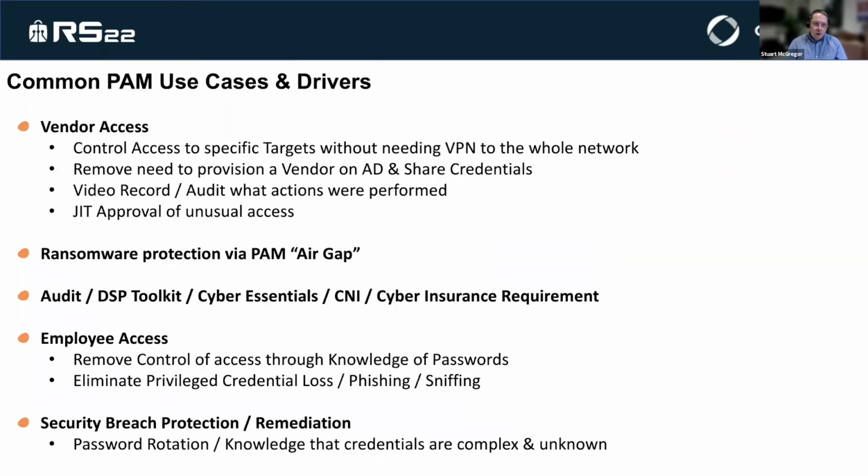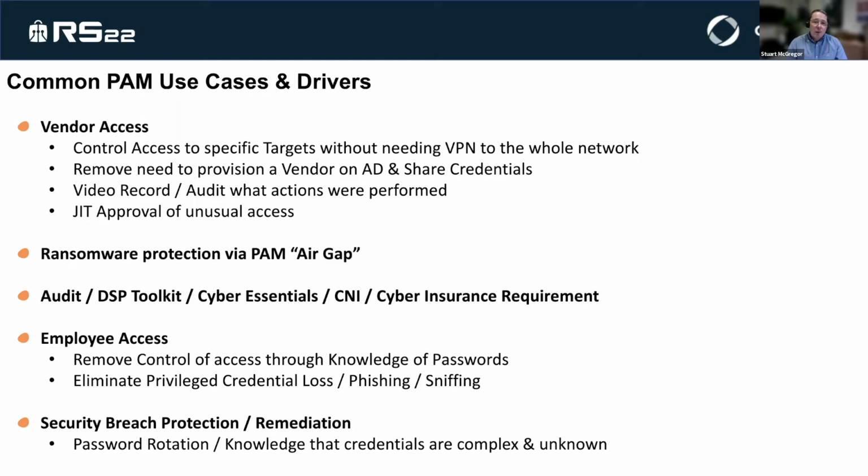So I've mentioned some of the use cases. It could be ransomware, an air gap to your backup solutions or other critical systems. I've also mentioned vendor access. So many organizations need a third party to come in and access their systems for them, but you really don't know who they are sharing passwords with.